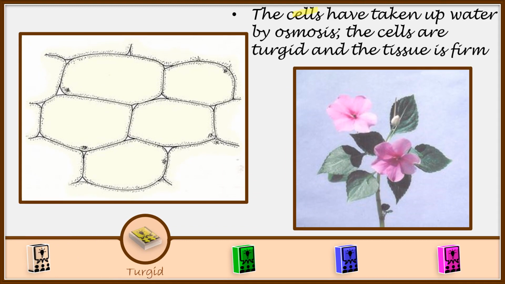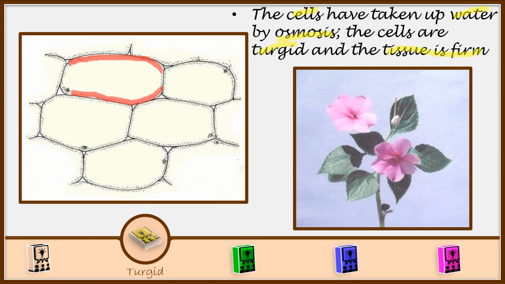The cells have taken up water by osmosis. The cells are turgid and the tissue is firm. Now, if we look at these cells, we can see that they have taken in water and they are turgid. Turgidity means that they are swelling.